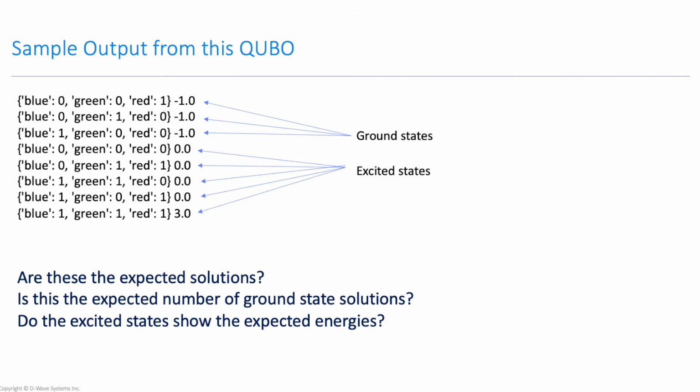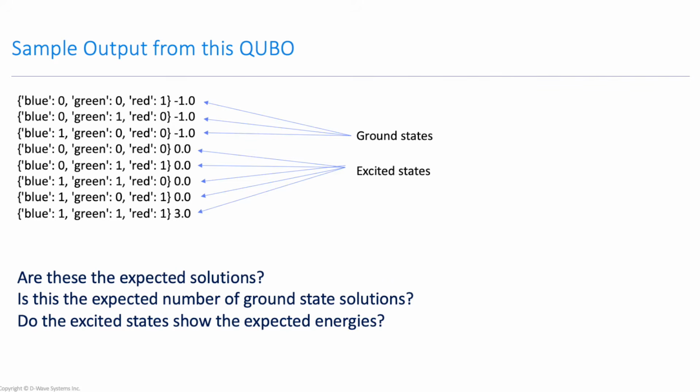And that is called an excited state. And it has energy of 0. And does the excited state have an expected energy? Yes, it does, because that's the penalty associated with violating the constraint. We wanted the constraint to have one on. There were none turned on, and that's the energy of 0.